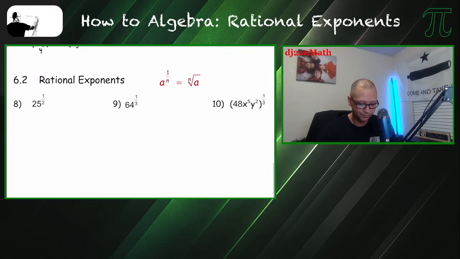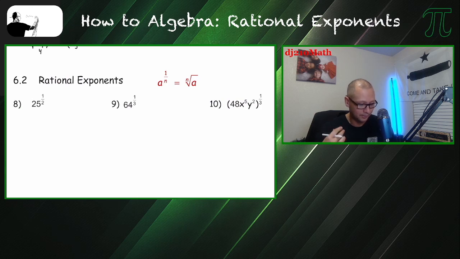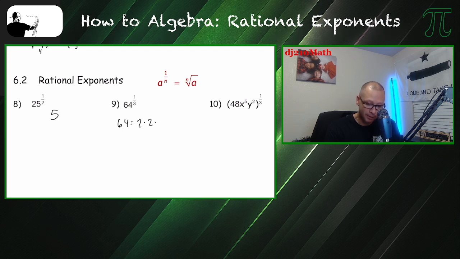Okay, let's look at simplifying rational exponents. 25 to the 1/2, that's just the square root of 25. So the square root of 25 we know to be 5. 64, we already worked that one out as well. 64 is equal to 2 times 2, 6 times.